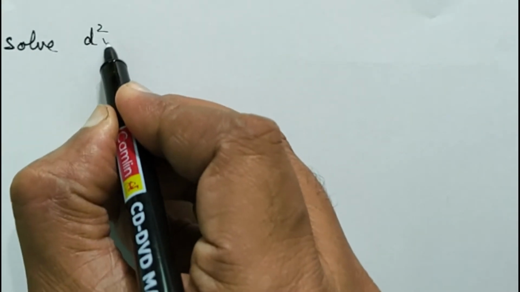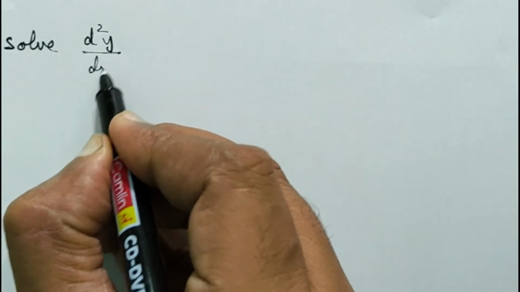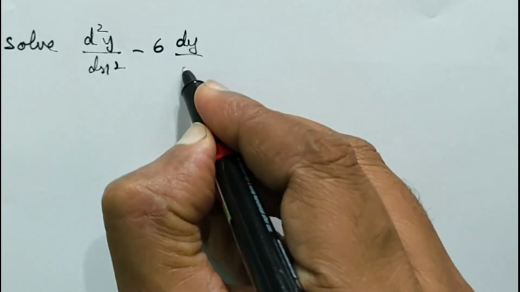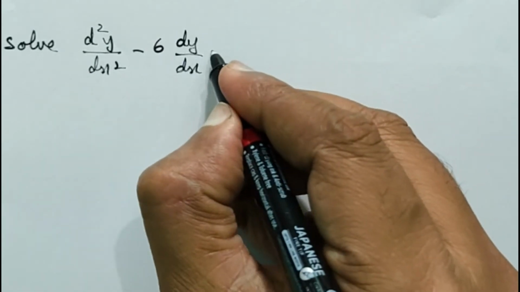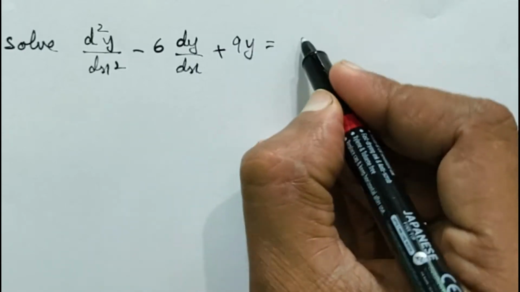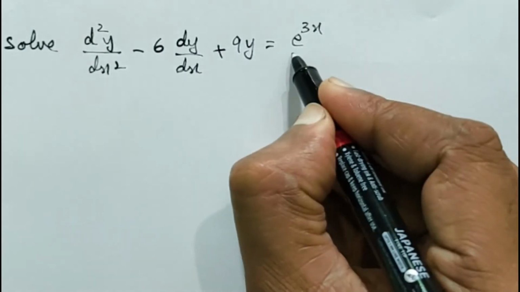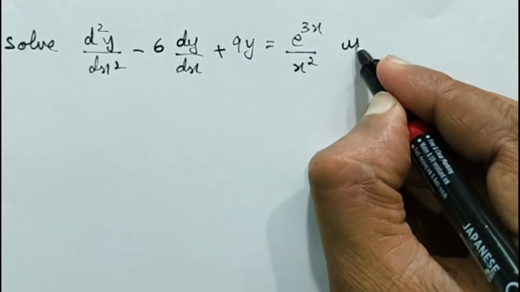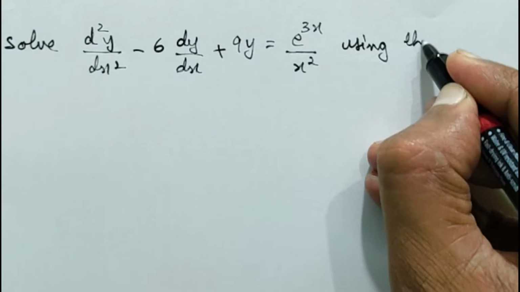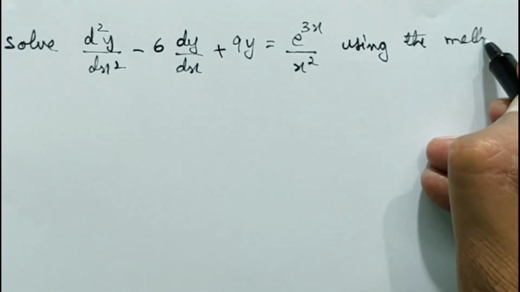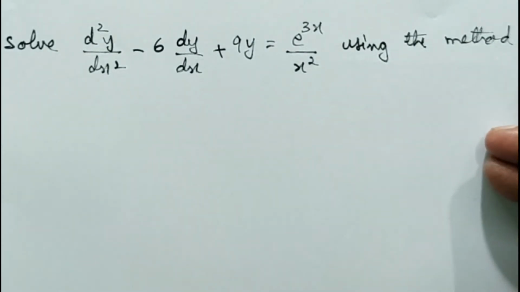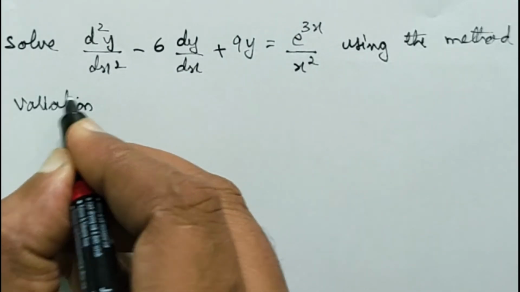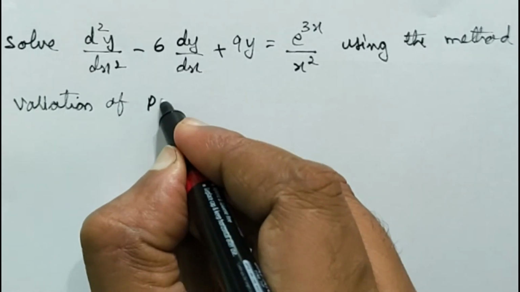Solve d square y by dx square minus 6 times dy by dx plus 9 times y equals e power of 3x divided by x square, using the method of variation of parameters.